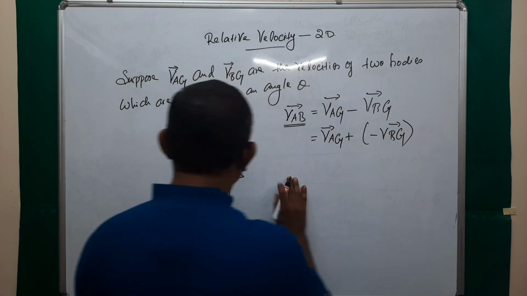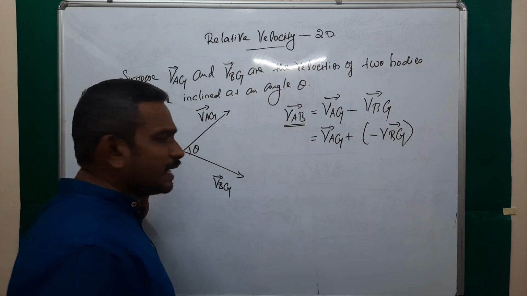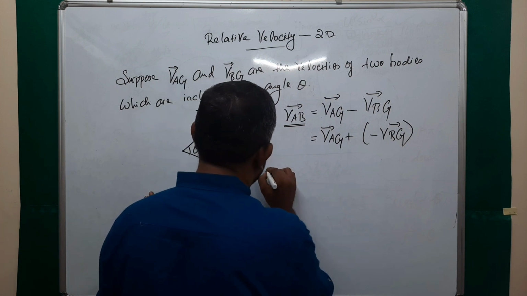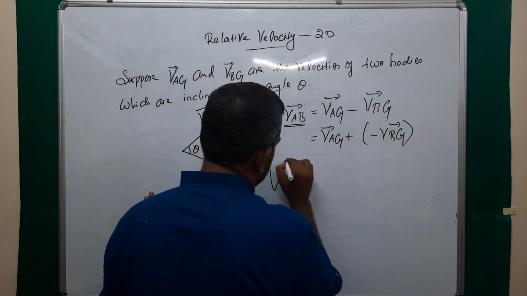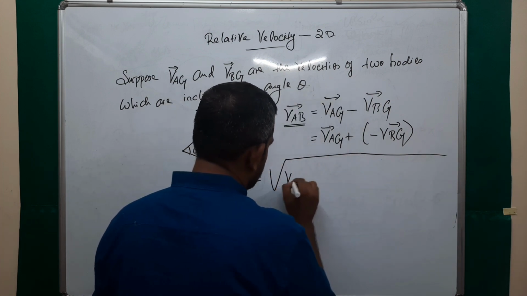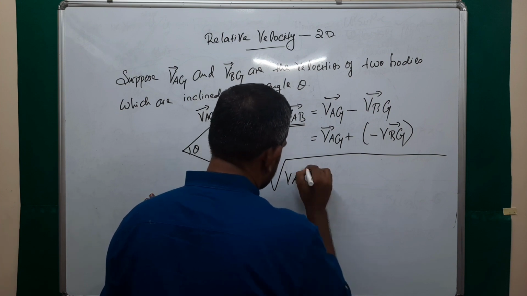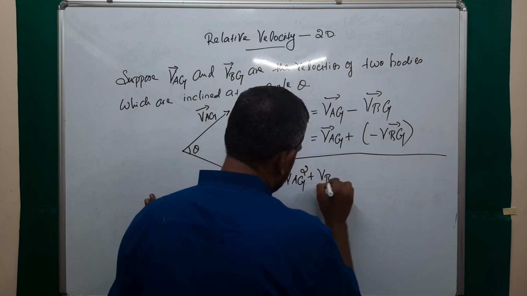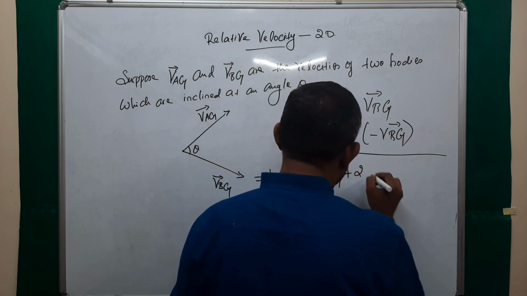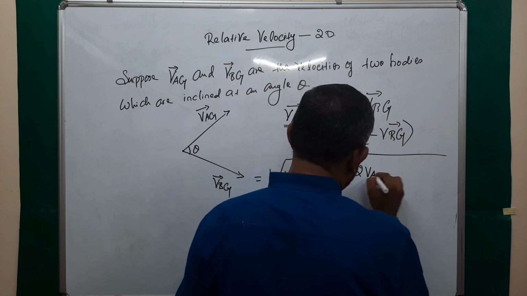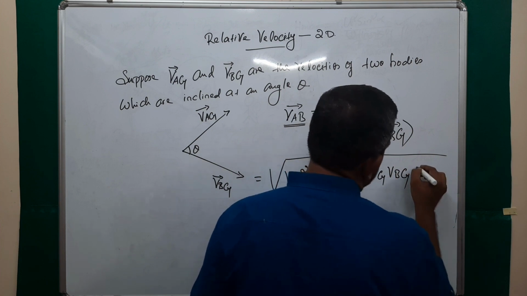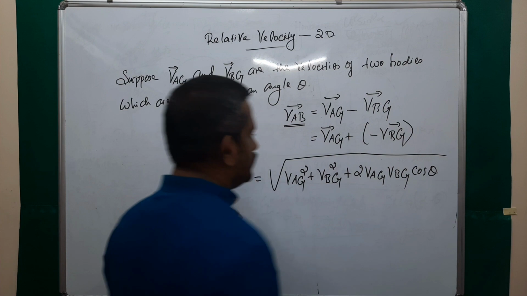Suppose two vectors are inclined at an angle theta. So how to find the resultant? It is equal to the root of VAG square plus VBG square plus 2 VAG VBG cos theta.